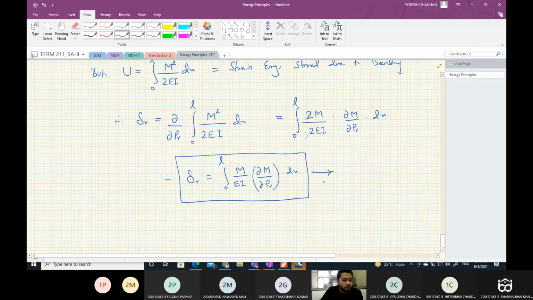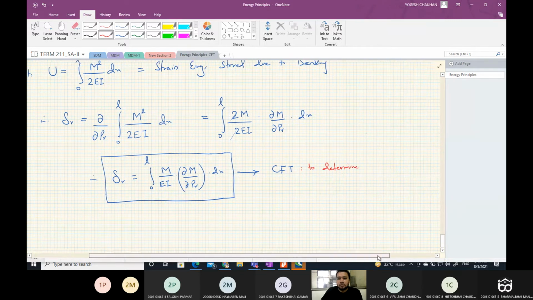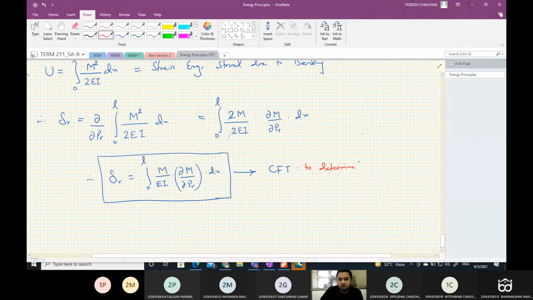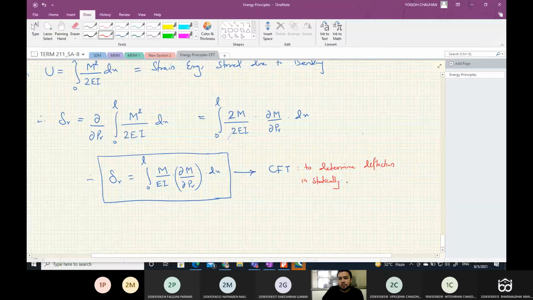So this is the expression to determine deflection in statically determinate beams.